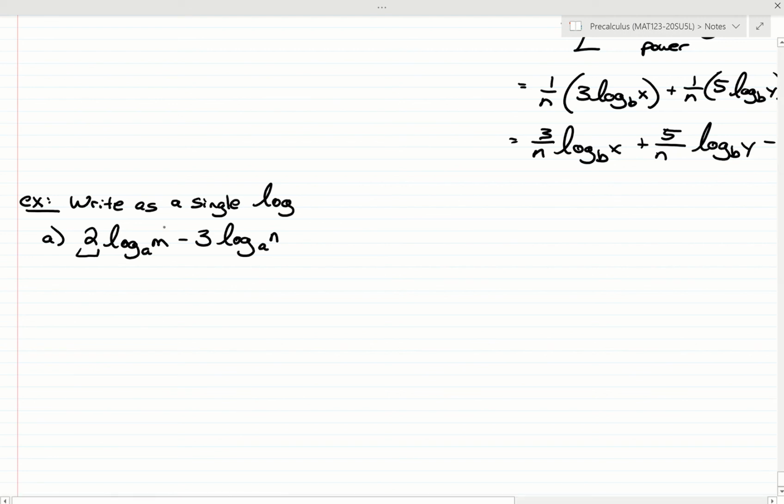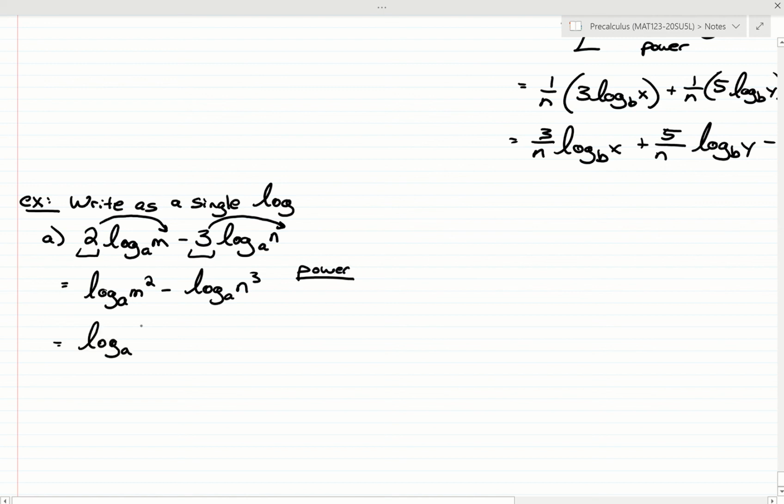So let's bring these numbers as a power first. This is log base a of m to the second minus log base a of n to the third. Well, that's using the power property. Now let's use the quotient property. Log base a of m squared divided by n to the third.